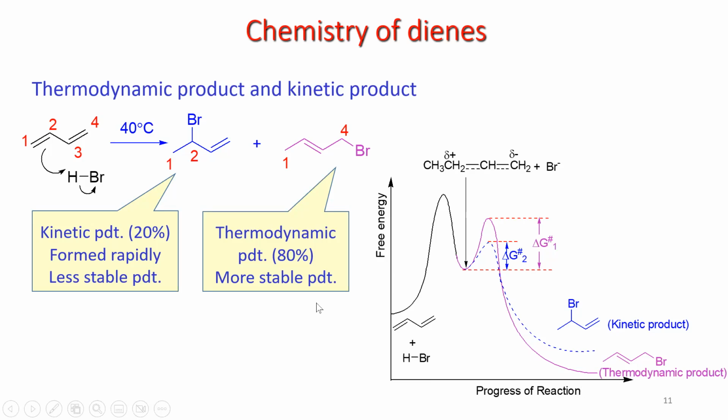When we are giving marks, we give marks for each and everything: the axis, the shape of the graph, the energy of the starting material. The reaction will not take place if this delta G is not negative, right? You have to have the starting materials at a higher level and the products at a lower level. Sometimes some people have drawn the products here, which is very wrong, right?